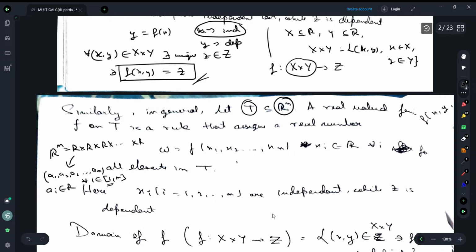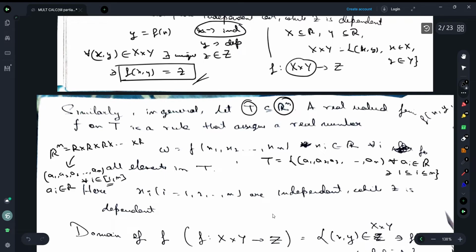T will also contain elements of the same form, (a1, a2, a3, till an), for all ai belonging to R such that 1 less than or equal to i less than or equal to n.